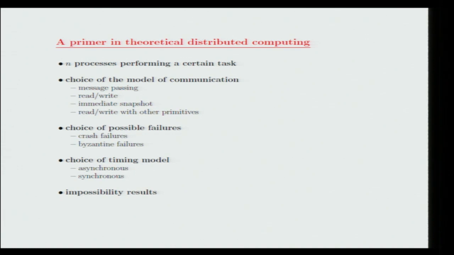At some point, people started to realize that some of the very basic tasks which they want to solve, for example the consensus task, which I'll talk about in a second, cannot be solved using the standard model of computation. Whatever they're doing, it will not solve. There's no way to solve this task within this model.